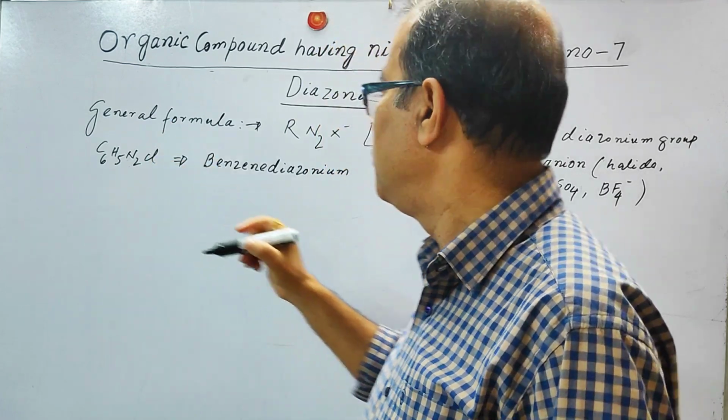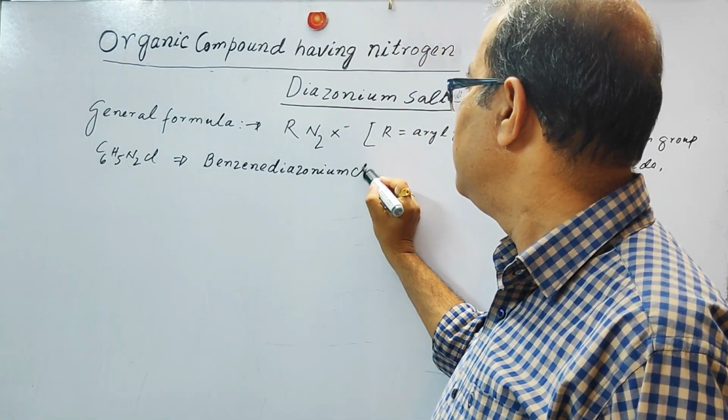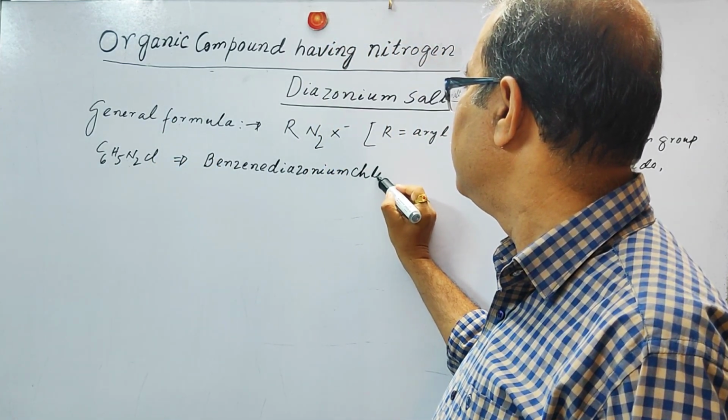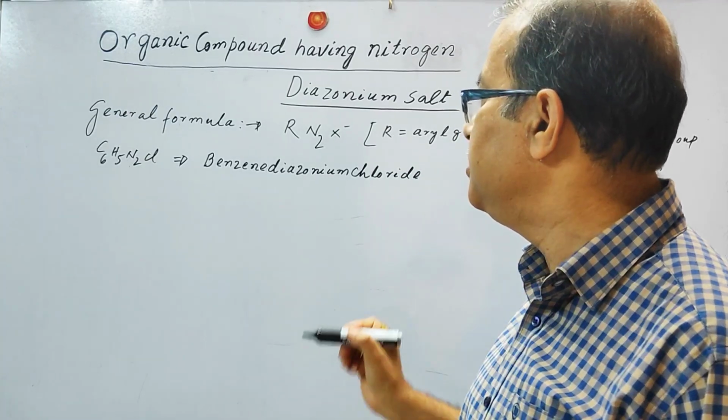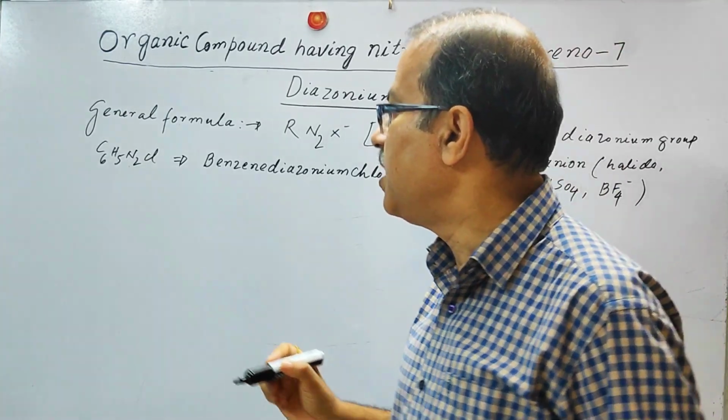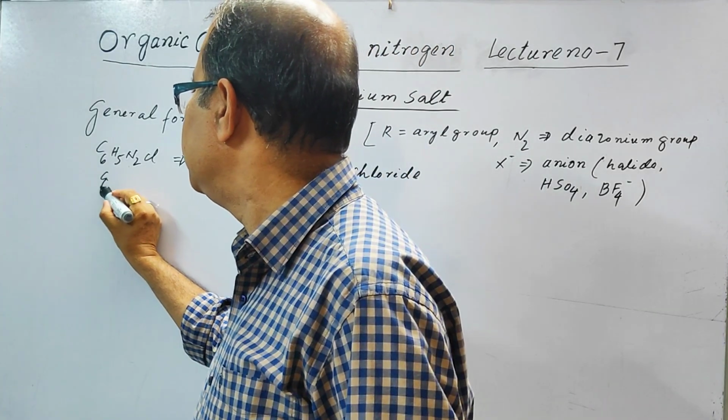The anion here is chlorine, so chloride ion. So benzene diazonium chloride.